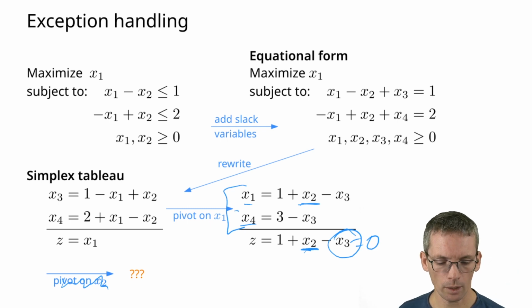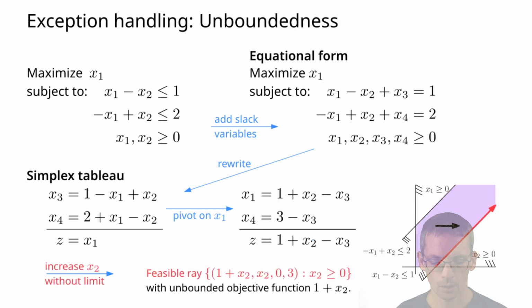So x1 is 1 plus x2, x2 is x2 itself, x3 is simply 0, x4, since x3 is 0, is 3. So we get the following: 1 plus x2, which I read off here, setting this to 0; x2, which is simply the variable we use; 0, because this is 0; 3, because this is 3 minus, and only x3 shows up here, which we set to 0.